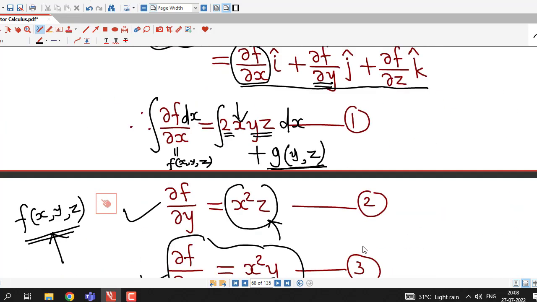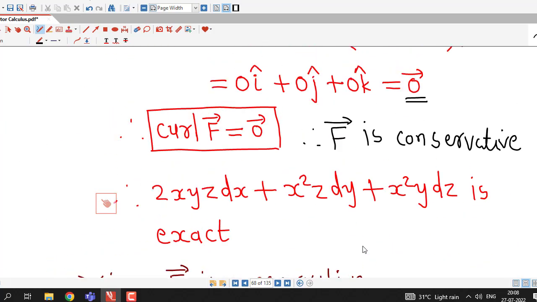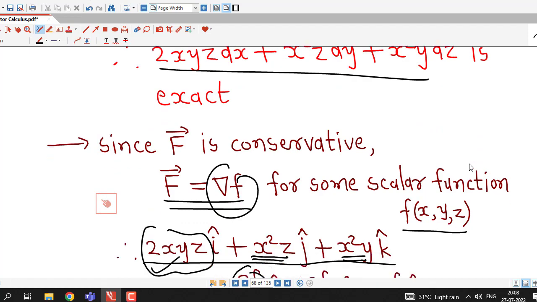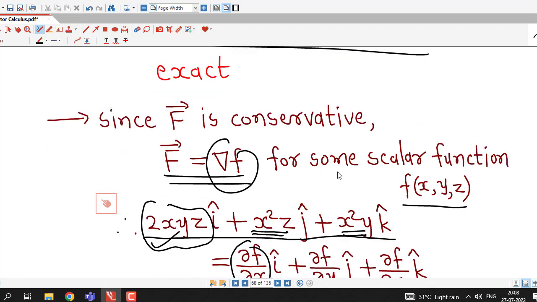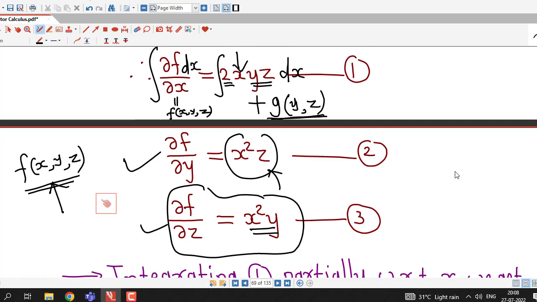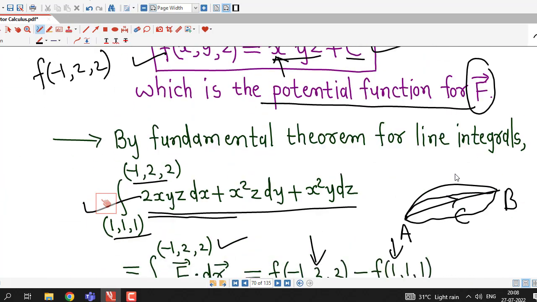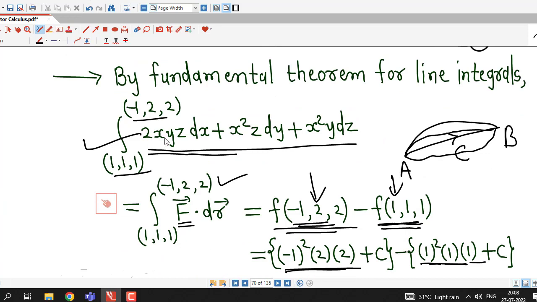So here first we prove that the differential form is exact. For that we prove that f bar is conservative, and once we know that f bar is conservative, we can find its potential function, and once we obtain the potential function, the value of the line integral between 2 points along any curve between 2 points is obtained by the value of the potential function at the upper point minus the value of the potential function at the lower point.